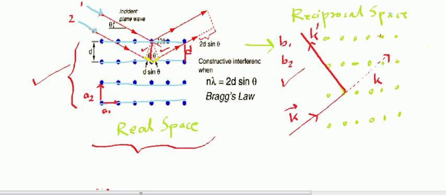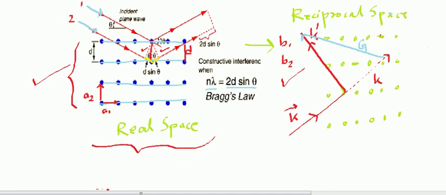Now you join the vectors k and k dash. When you join them, you get a vector g. In the real space, the condition for diffraction was 2d sin theta must be n lambda.